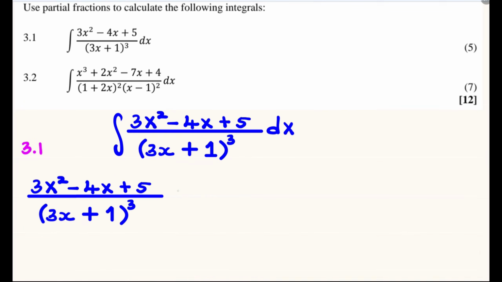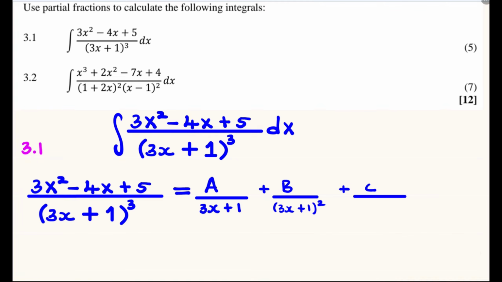The decomposition of this linear repeated factor will be equal to A divided by 3x plus 1, plus B divided by (3x plus 1) raised to the power 2, plus C divided by (3x plus 1) raised to the power 3.